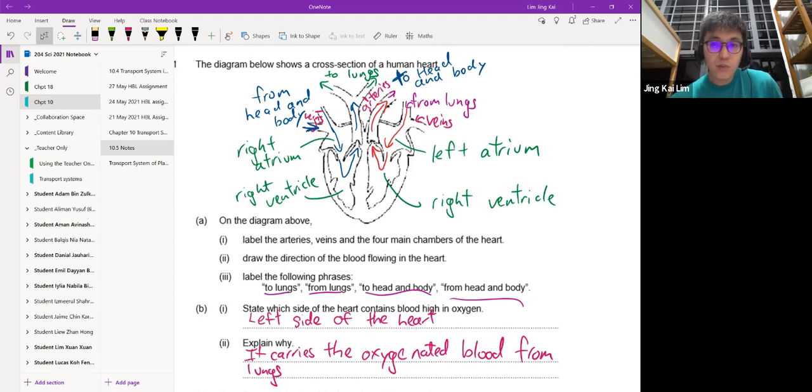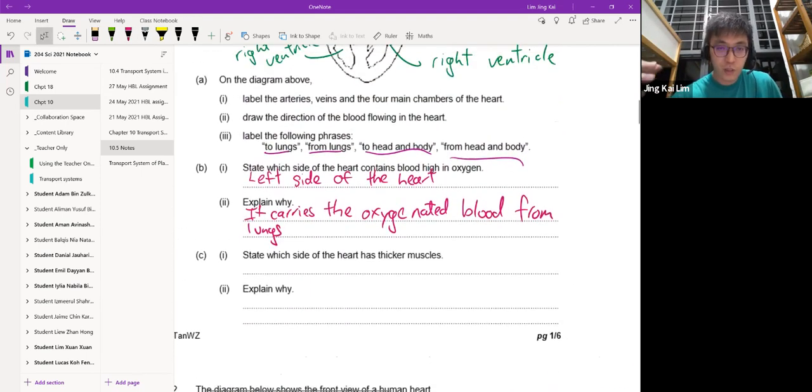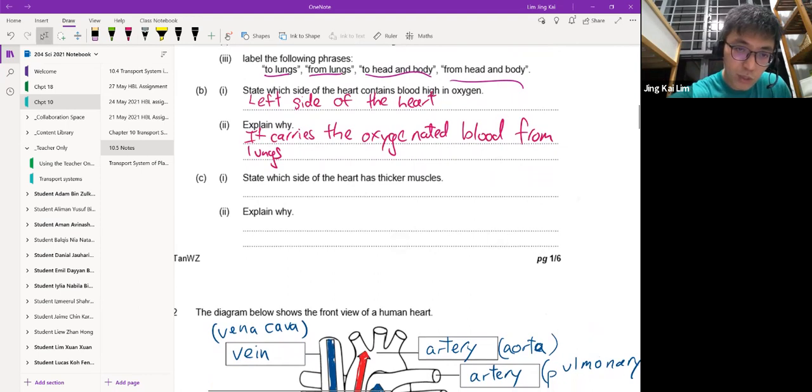Logically, we would know that it's the left side, because if you look at this portion, your heart has to pump the blood such that it can flow to the head, the body, and parts of the body. So there are more places for the blood to go. So that means the left side of the heart must have stronger muscles, so that it can allow the blood to flow further to the other parts of the body.